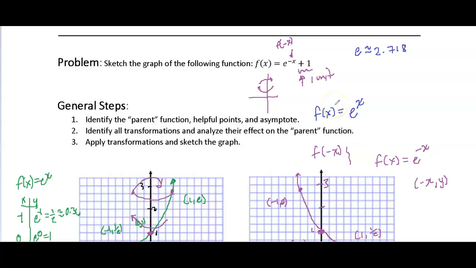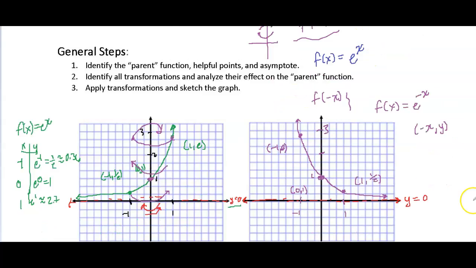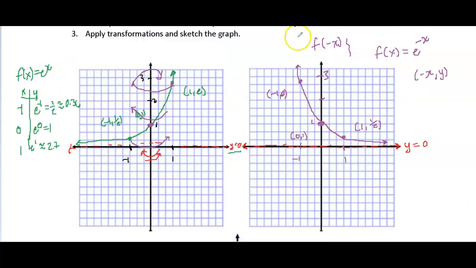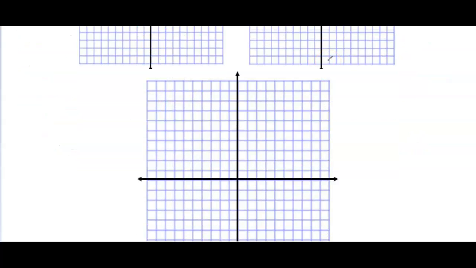Okay, so next, this whole thing is going to shift upward 1 unit. So we'll go ahead and end with that. And that is going to include our horizontal asymptote. So everything is going to be shifted up 1 unit. I might have to change our range here. So let's see what that's going to look like.